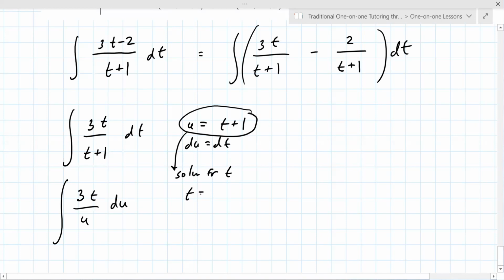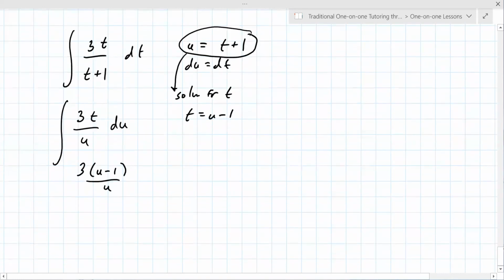Oh, okay. So t is u minus 1. So it becomes 3 times u minus 1 over u, which doesn't look that great at first, but it actually works out really nicely. It's integral 3u over u minus integral 3 over u, with a du there.